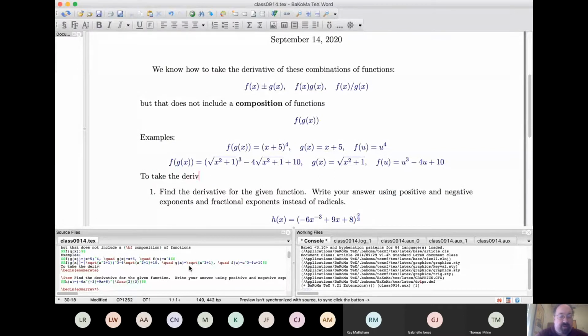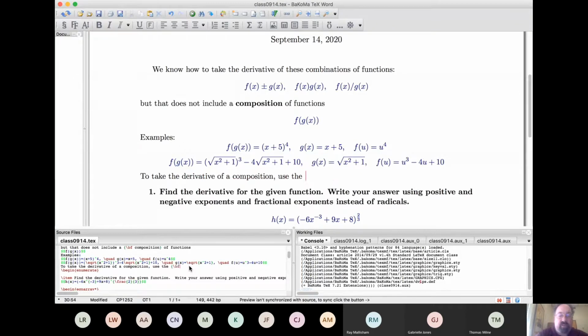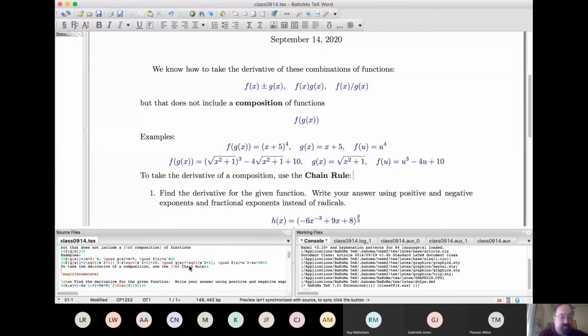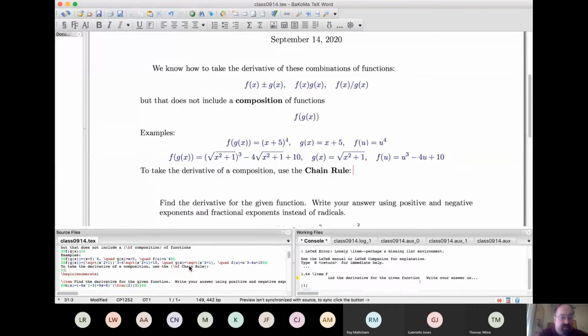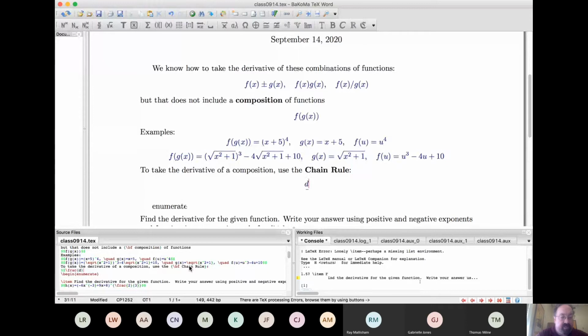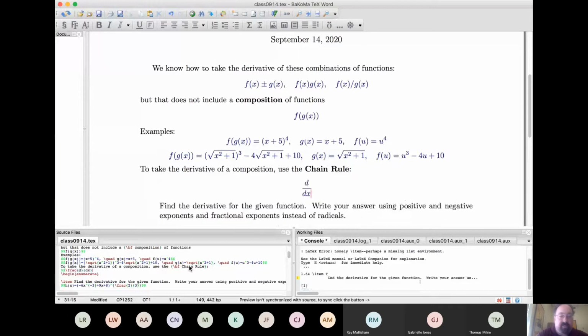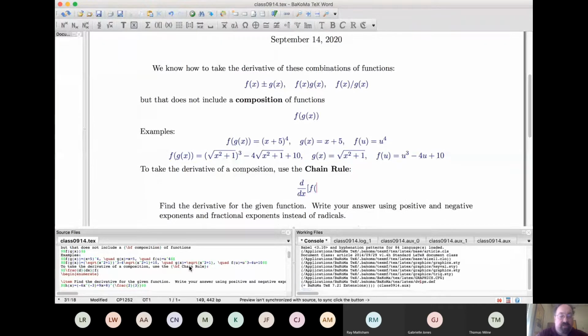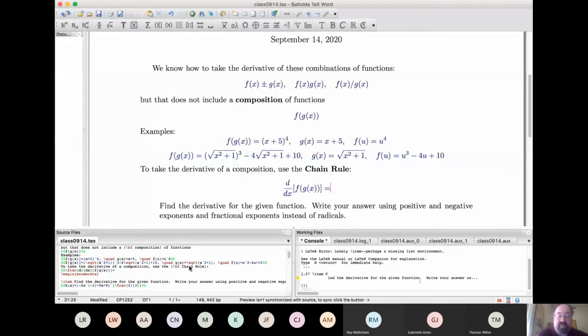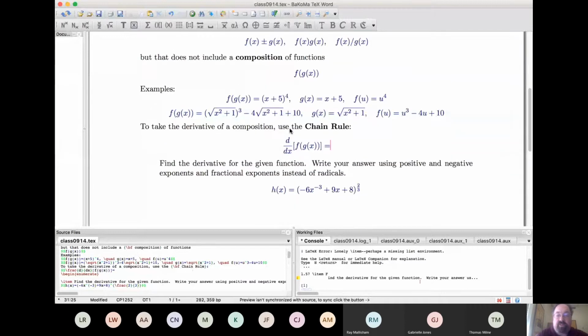So once you have a composition of functions, we have a differentiation rule for that called the chain rule. So what is that? The derivative of f of g of x. What you do is, first, whatever the outer function is, we take a derivative of that, so f prime.